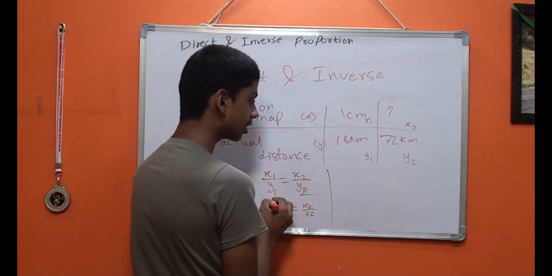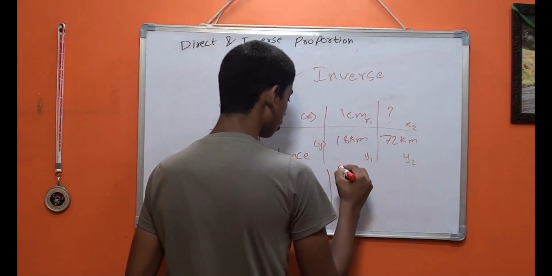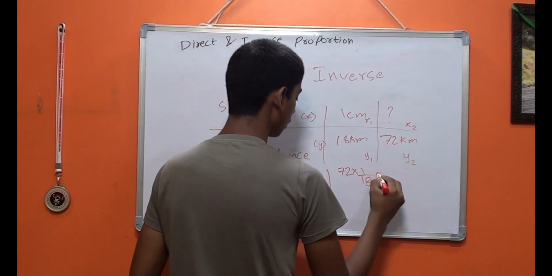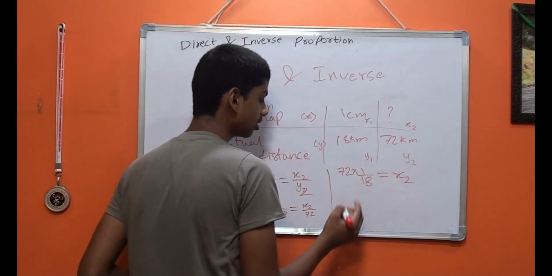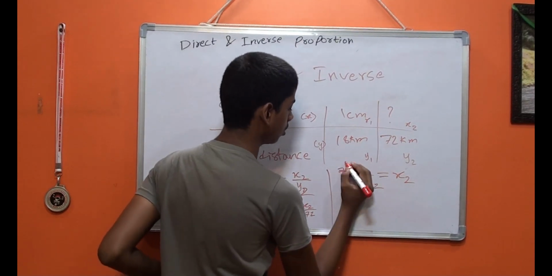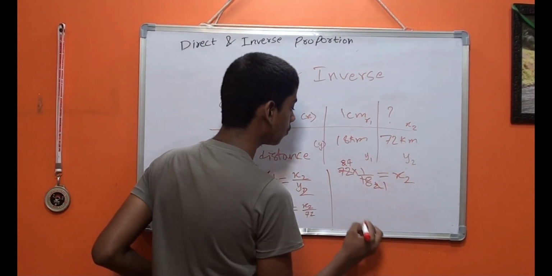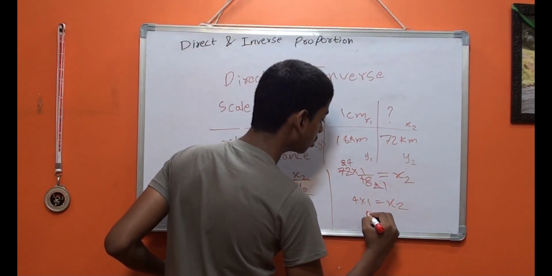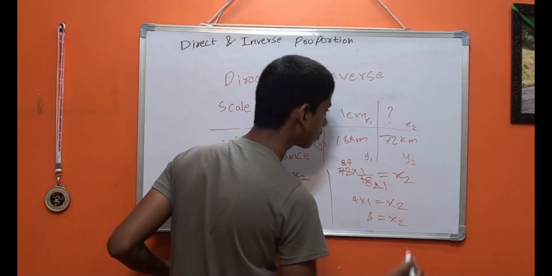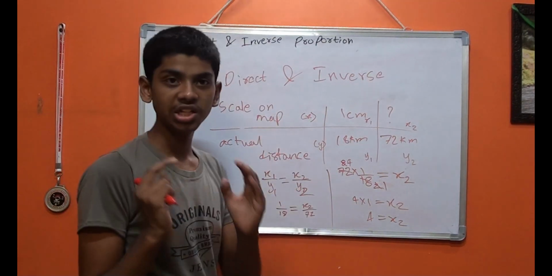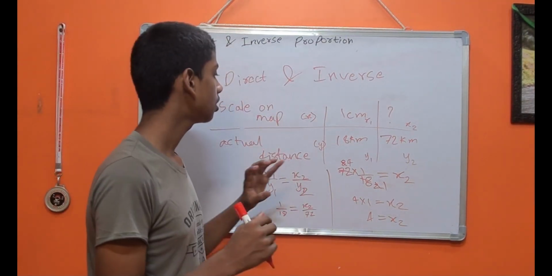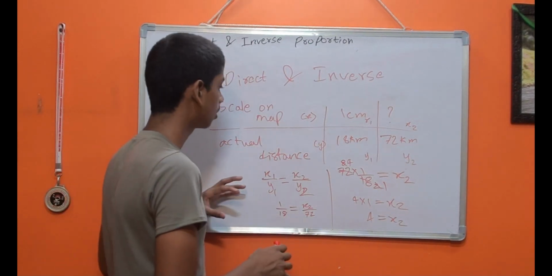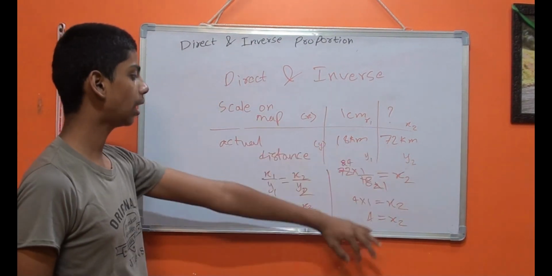Then we transpose the 72 to this side, and we get 72 into 1 by 18 equals x2. We cancel them. Now 4 into 1 equals x2, which means 4 equals x2. Now 4 centimeters on a map is 72 kilometers in real life. Now the x2 value is 4.